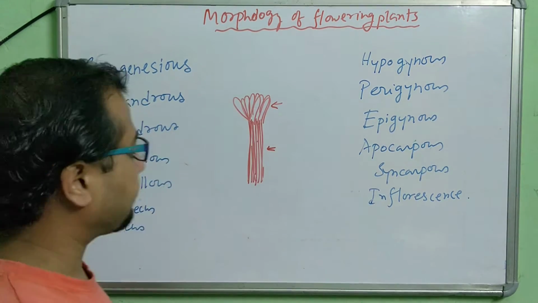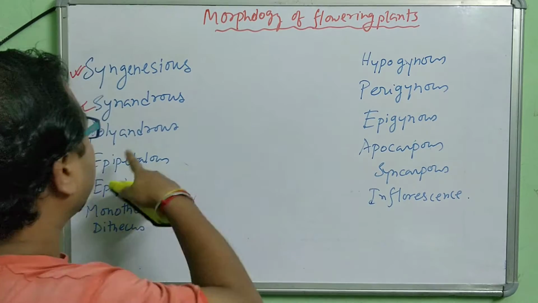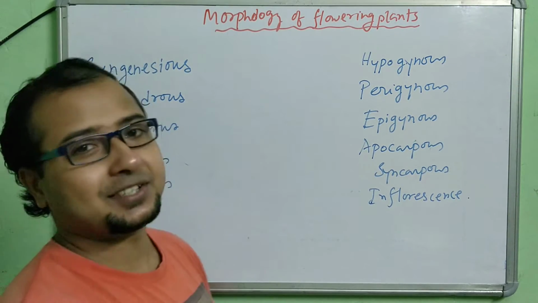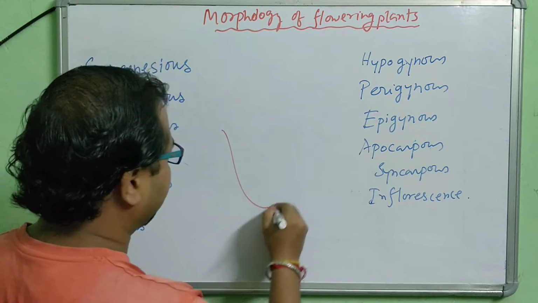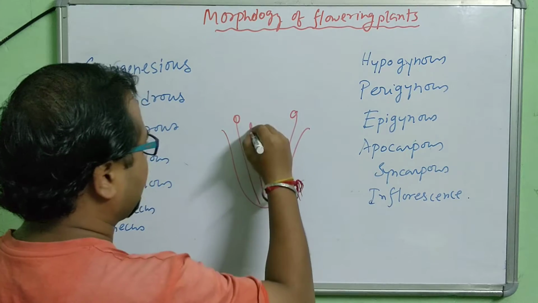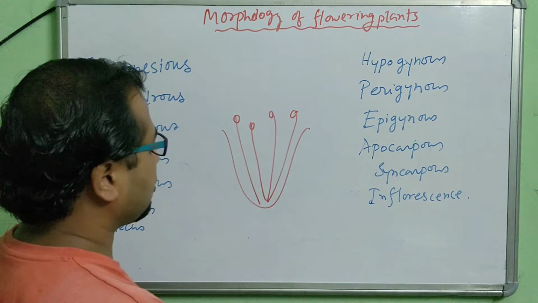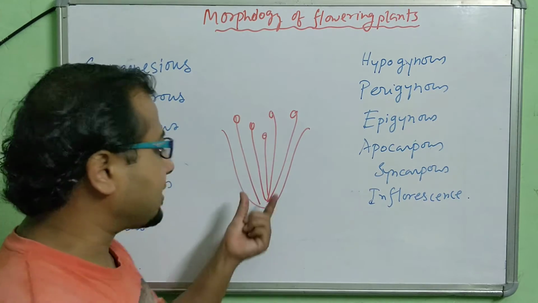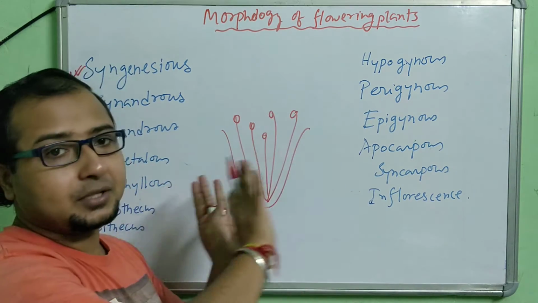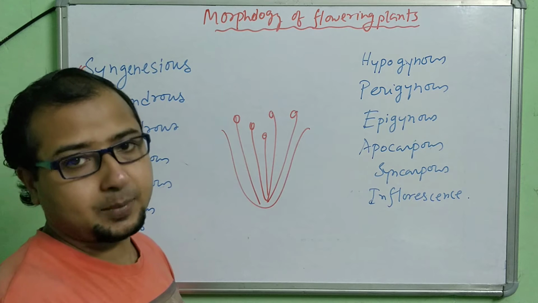I hope it's clear. Next is polyandrous. What is polyandrous? Polyandrous means free stamens. Like there is a flower here. This is one stamen, another stamen, another stamen. So there are more than one stamens, and they are entirely free from each other. Free stamens.